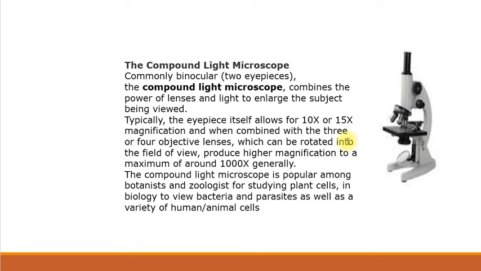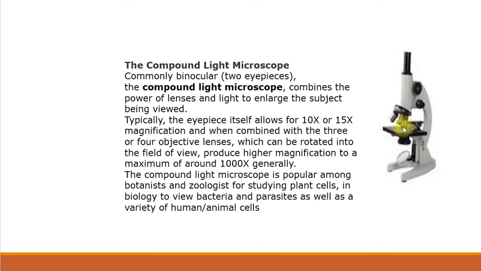So the first one is the compound light microscope. As we have seen in this image, this is binocular. Commonly two eyepieces are used in these microscopes, and it combines the power of lenses and light to enlarge the subject being viewed.